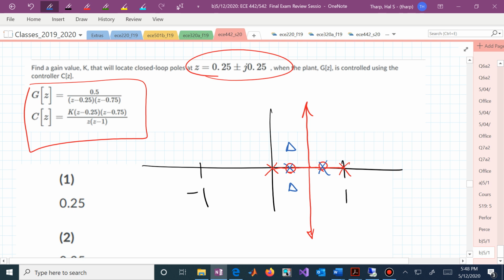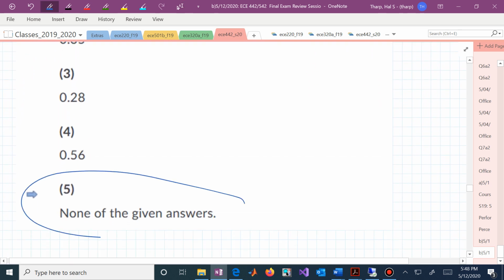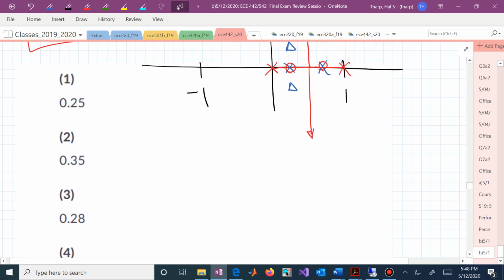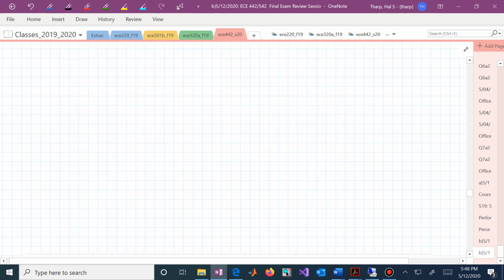So you can't just blindly substitute 1/4 plus and minus j 1/4 into your K formula. The answer here is none of those numerical values, because there's no K that will allow you to produce closed loop poles at the triangles, because those triangles don't even live on the root locus.